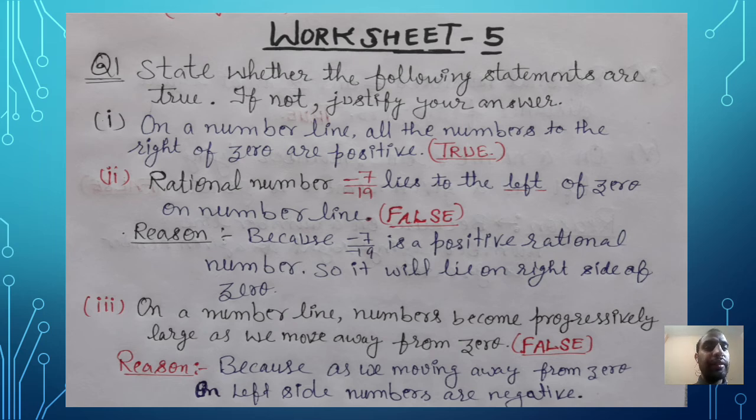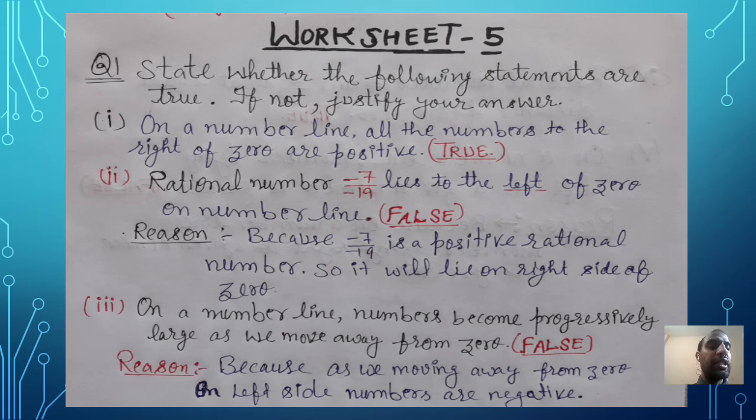So let's take the second statement. A rational number -7 upon -19 lies to the left of 0 on the number line. Keep in mind, -7 upon -19, both have the same sign. If both have the same sign, such rational numbers are positive rational numbers.